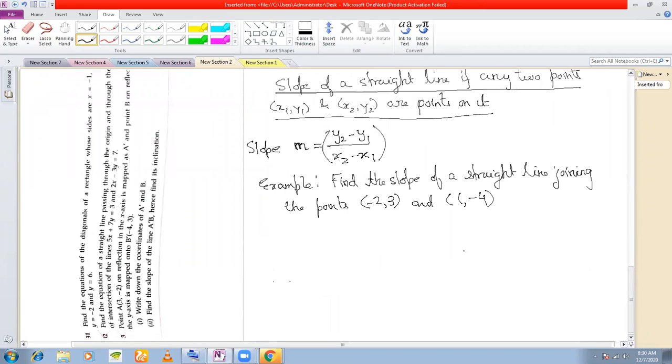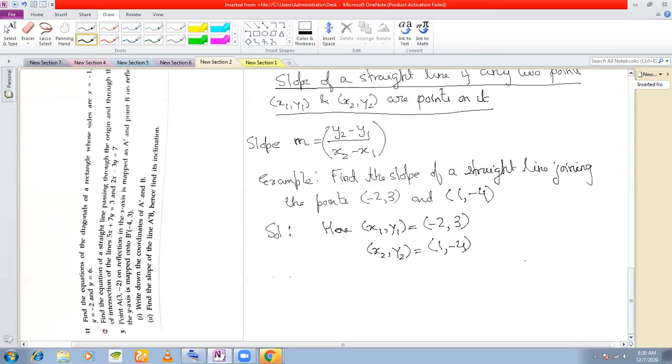What is the slope of the straight line joining these 2 points? So you know 2 points on the straight line. Compare it with x1, y1. So what is x1, y1 here? Minus 2, 3. What is x2, y2? Is 1, minus 4. Okay.